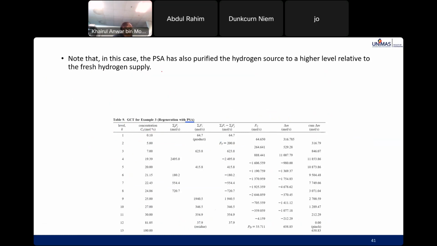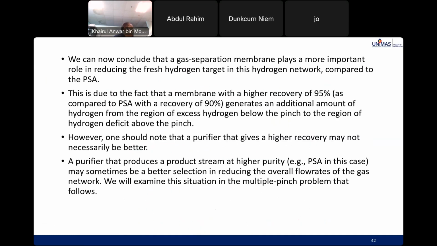Note that in this case the PSA has also purified the hydrogen source to a higher level relative to the fresh hydrogen supply, of course, at 0.1% compared to the fresh supply at 5%. We can now conclude that the gas separation membrane plays a more important role in reducing the fresh hydrogen target in this hydrogen network compared to PSA.